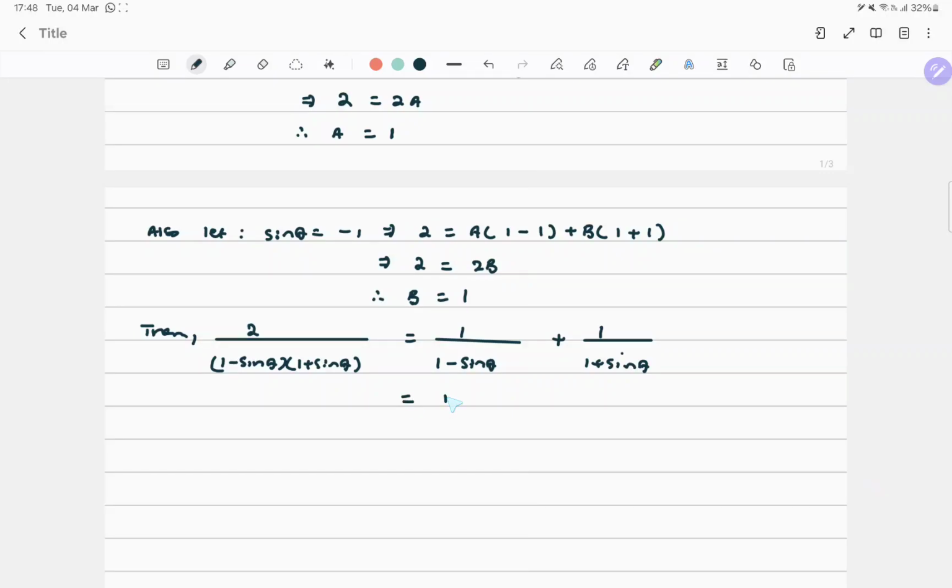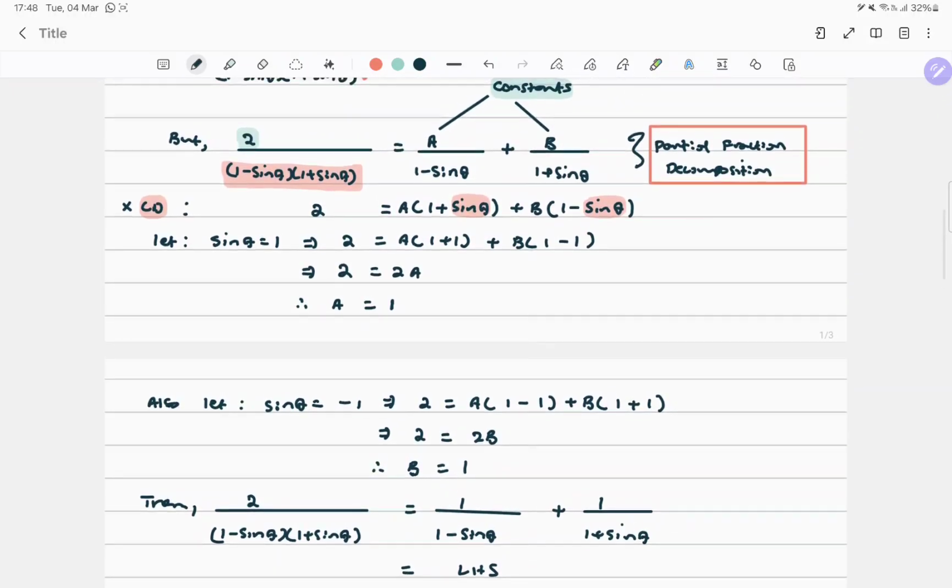And this is equal to the left-hand side. All right, so that's what we did, guys.